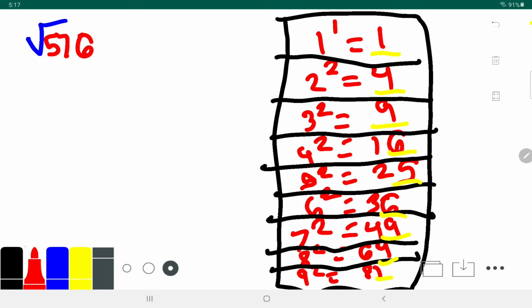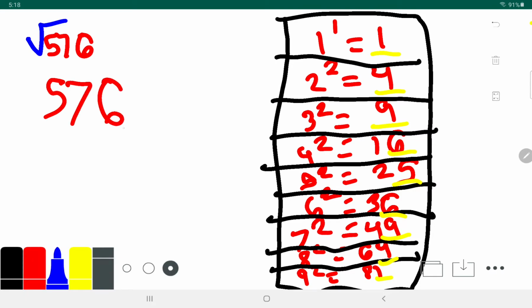I'm just gonna write it out again, 576. So when you do this, you want to look at the last digit, which is a 6. Then you're gonna find the numbers on the chart that have a 6 as the ending.